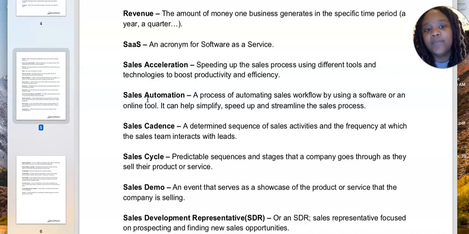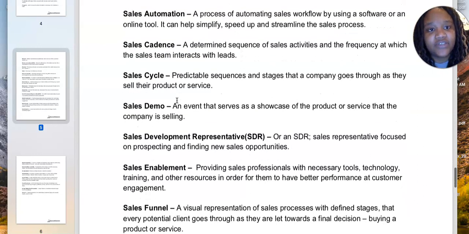One way that we use sales acceleration is by utilizing SalesLoft. SalesLoft is essentially a tool that my company uses in order to follow a sales cadence and reach out to customers maybe twice a week, 3 times a week, to nurture that relationship.